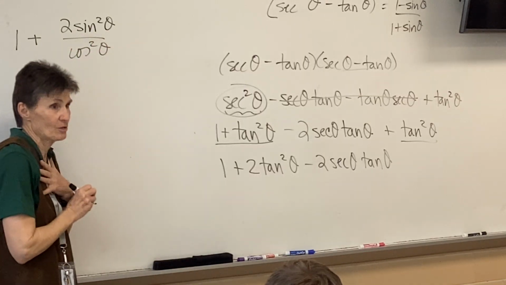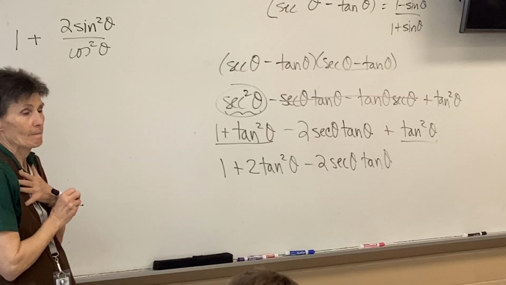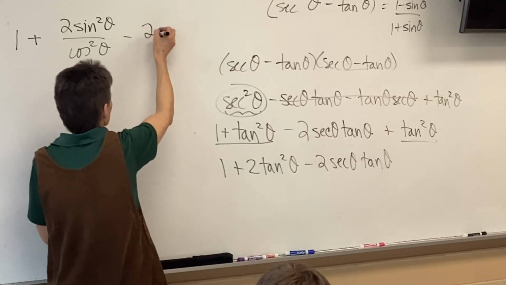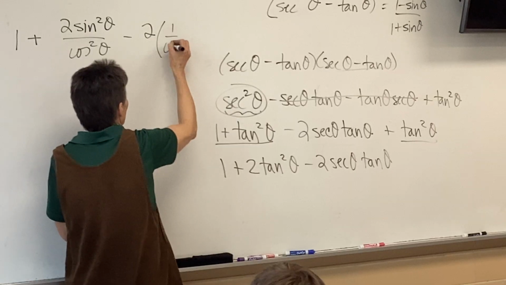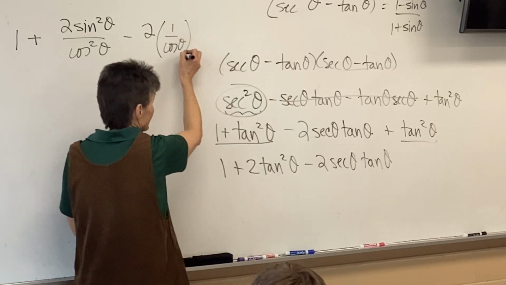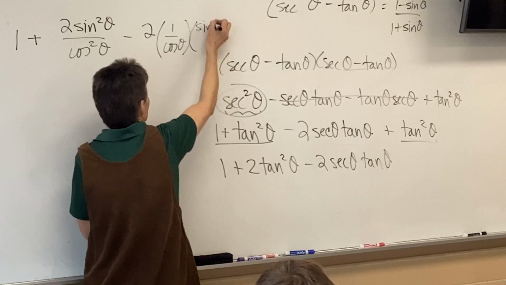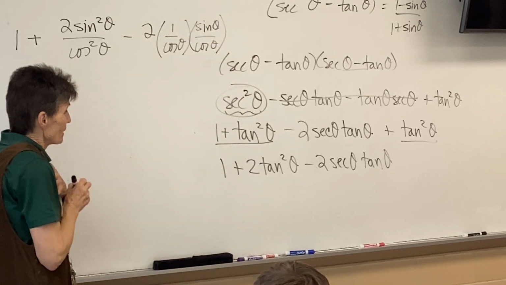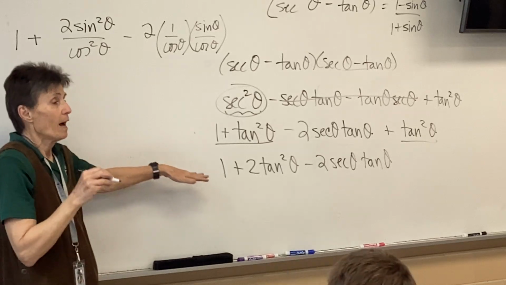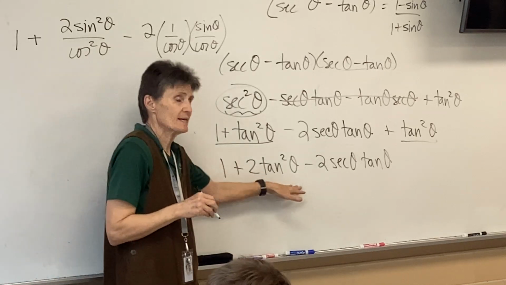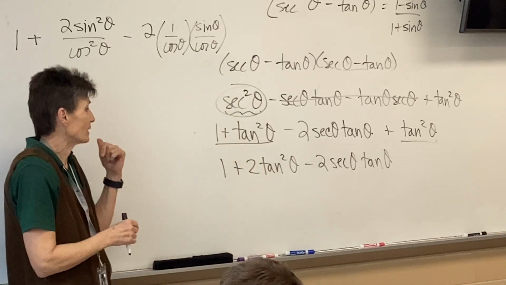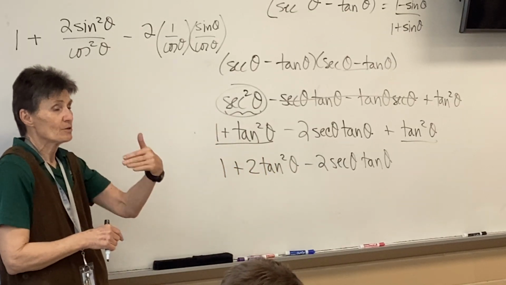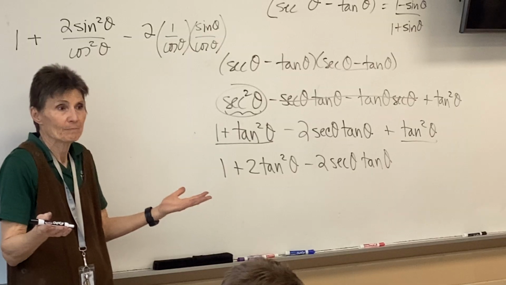Now, does that make sense to you? And then I have 2, 1 over cosine, sine over cosine. So at this point, I don't want to replace this because it'll bring me back where I started. So I am just changing them all into sines and cosines.